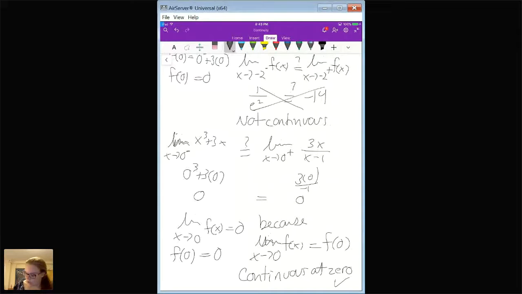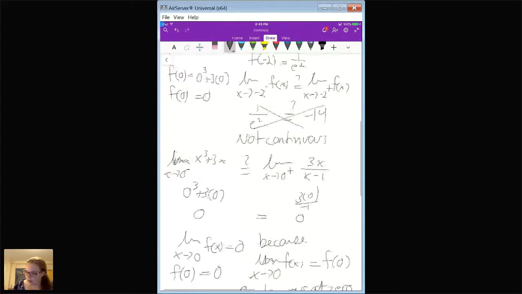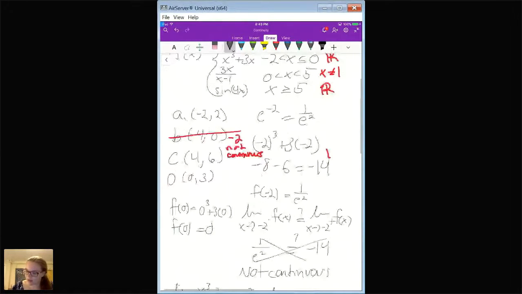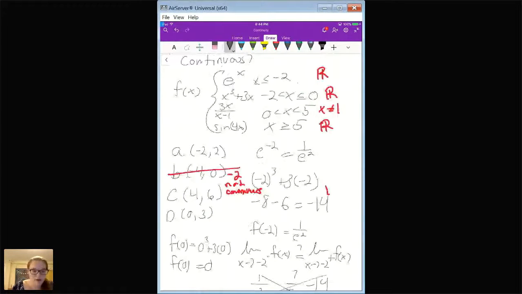Okay. So based on that information, I really want to say that it will definitely be continuous through A, from -2 to 2. I really think that's the right answer, but I want to make sure I'm checking these other values. So if I'm looking at option D, which is 0, 3, that is within my 3x over x minus 1, my entire interval.